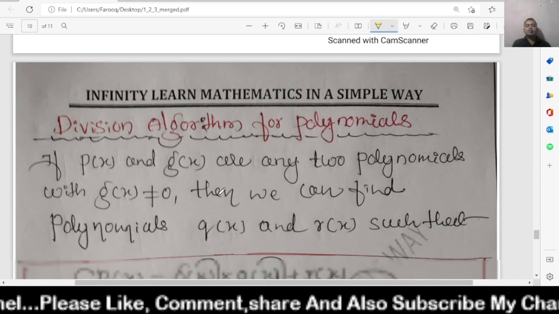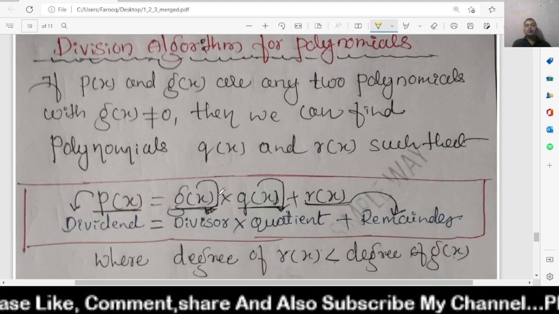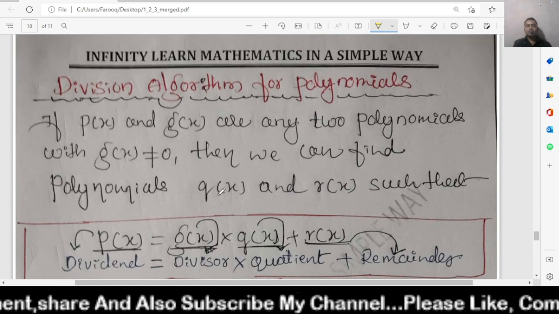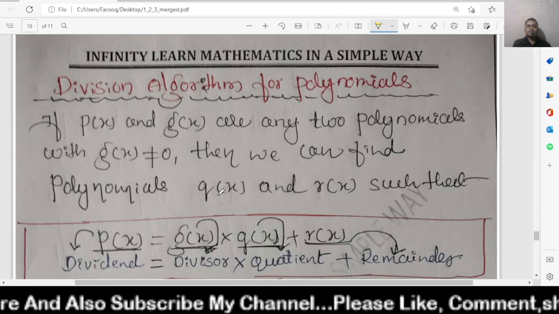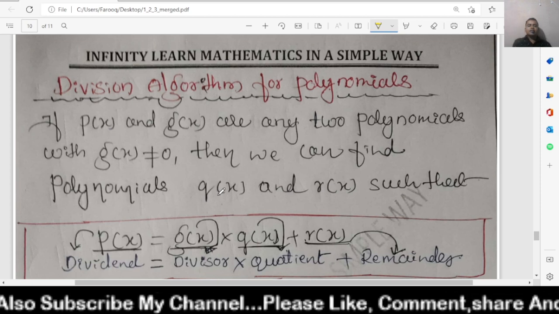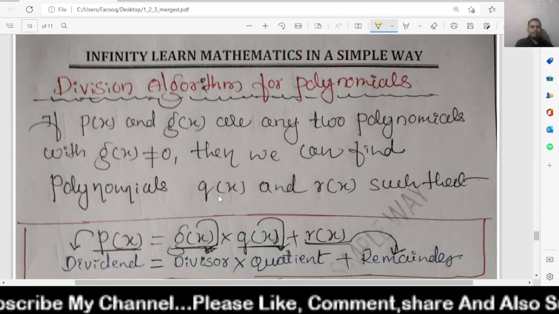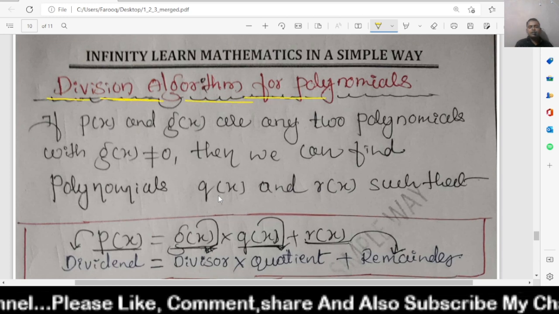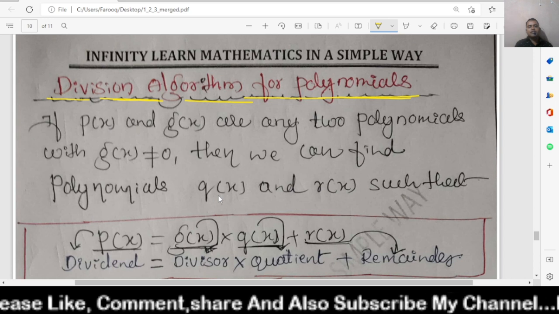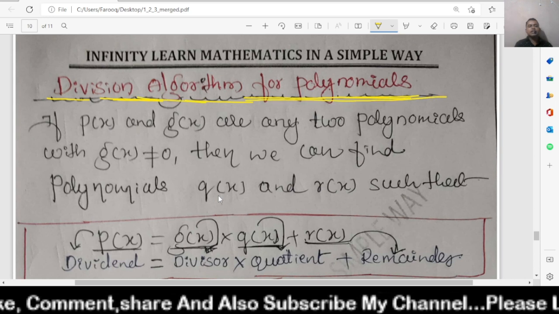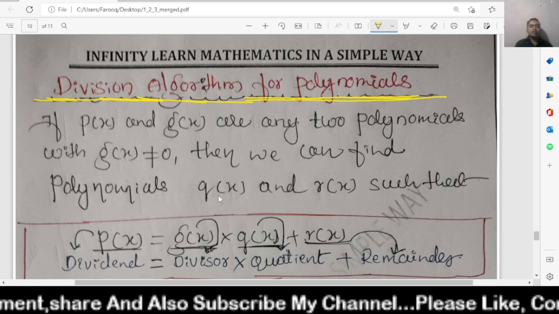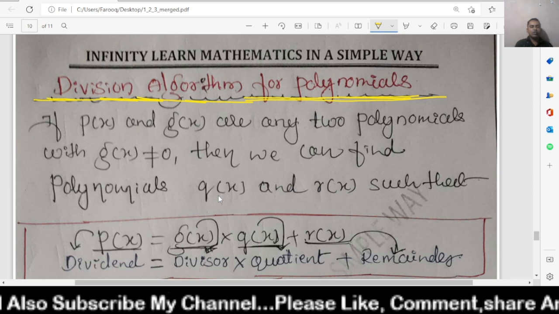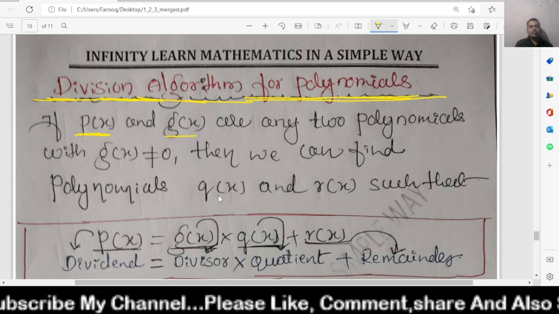And lastly, the division algorithm for polynomials. It is very important for finding the remainder and quotient. As we apply the division algorithm to real numbers, in the same manner we apply it to polynomials.